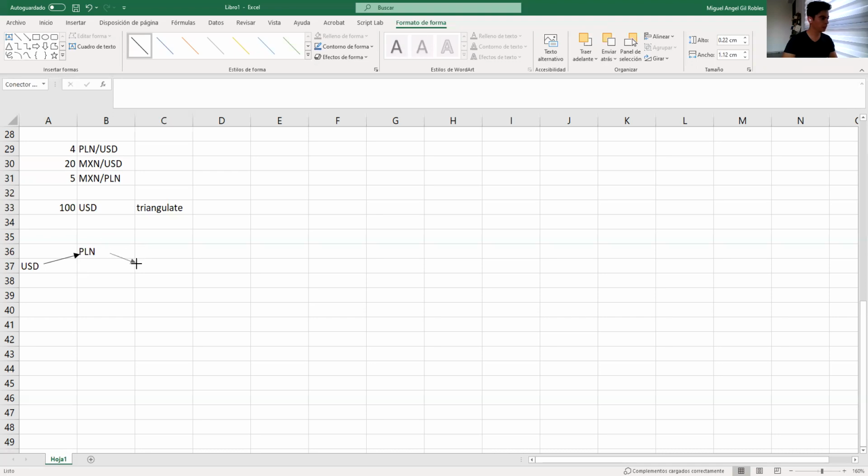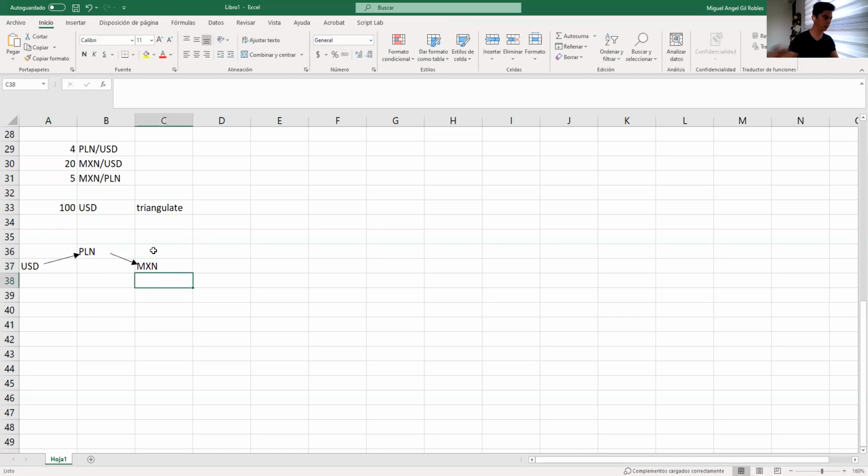Then from Polish zloty, you move to the other currency that you have, which is pesos. And then from there, you go back to dollars. So if you triangulate this, you will end up having the same amount of money. Let me show you. The first step is to buy Polish zloty. I will go step by step showing you how it works.